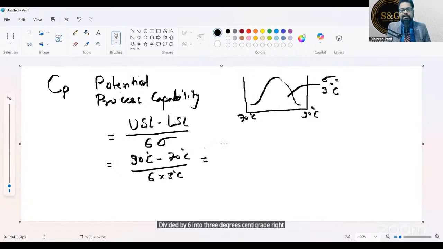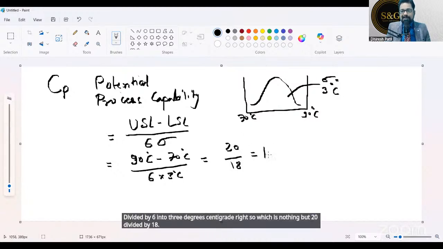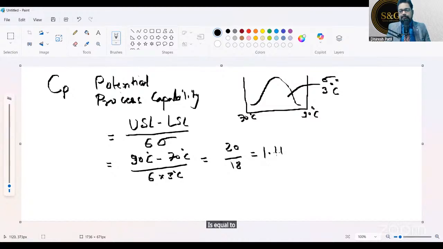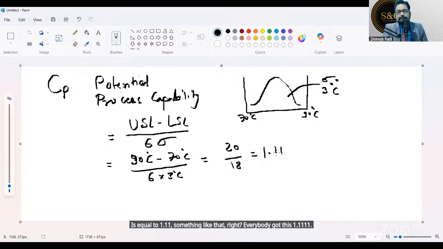Which is nothing but 20 divided by 18, equal to 1.11, something like that. Everybody got this? So this is called potential process capability.